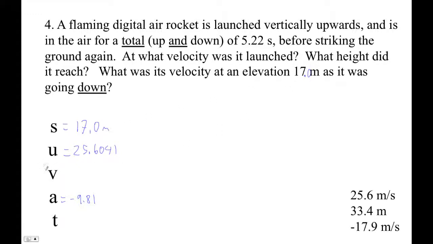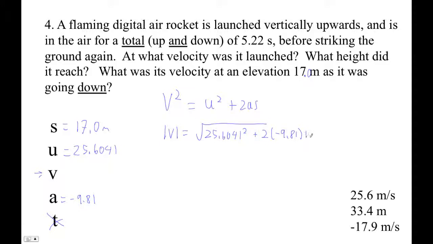To find the velocity, I'll use no t. So let's use v squared is u squared plus 2as. Now we'll take the square root of the square, so the absolute value of v is the square root of 25.6041 squared plus 2 times negative 9.81 times 17.